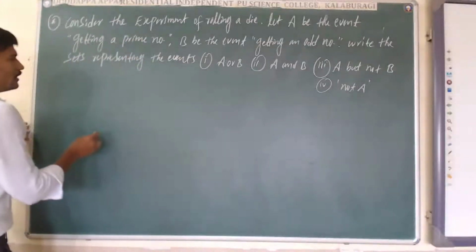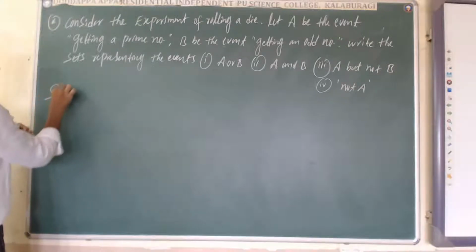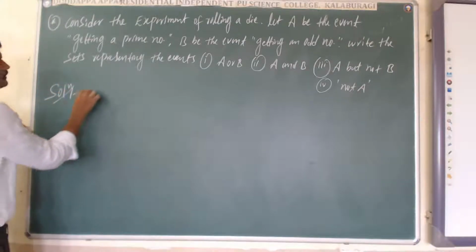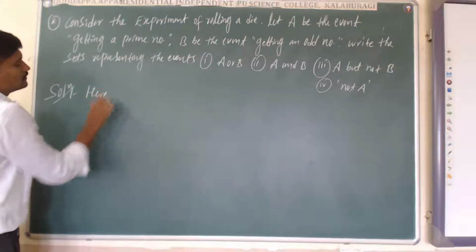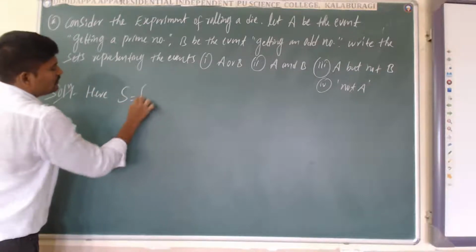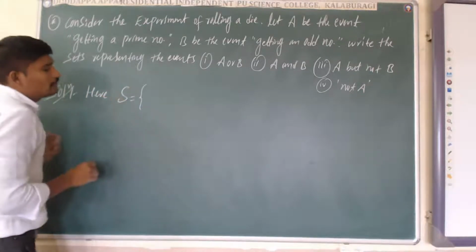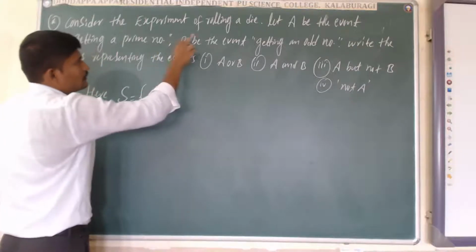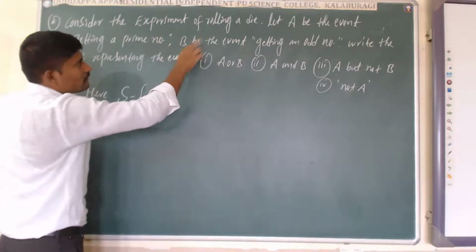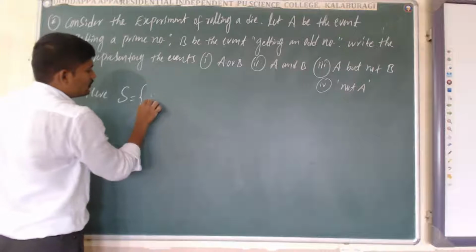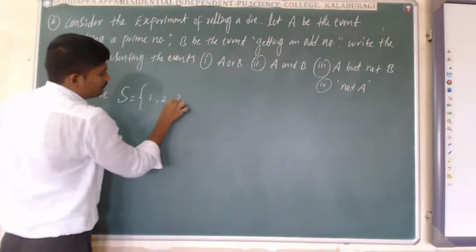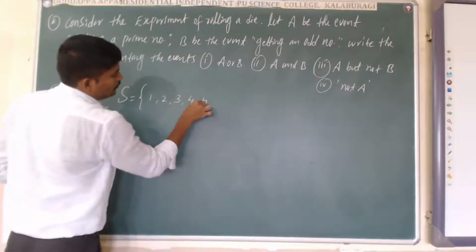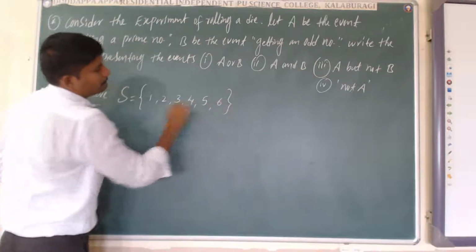So first of all, we will write the solution. Here S is the sample space, for the experiment of rolling a die.